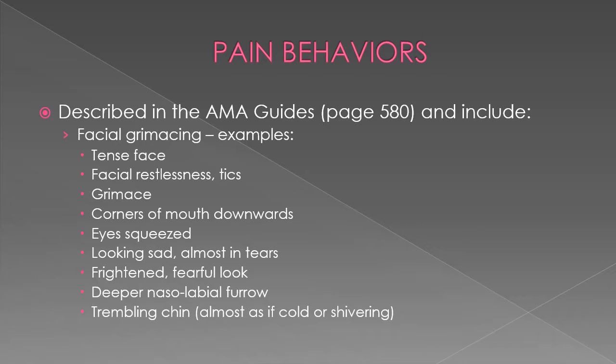Okay? So, for example, with regards to facial grimacing, examples include a tense face, a restless face, certain tics of the muscles around the face, a grimace, a frown that pulls the corners of the mouth downwards, a gesture where it looks like the eyes are squeezed, looking sad, almost in tears, a frightened, fearful look, a deeper nasolabial furrow, and a trembling chin, almost as if cold or shivering.